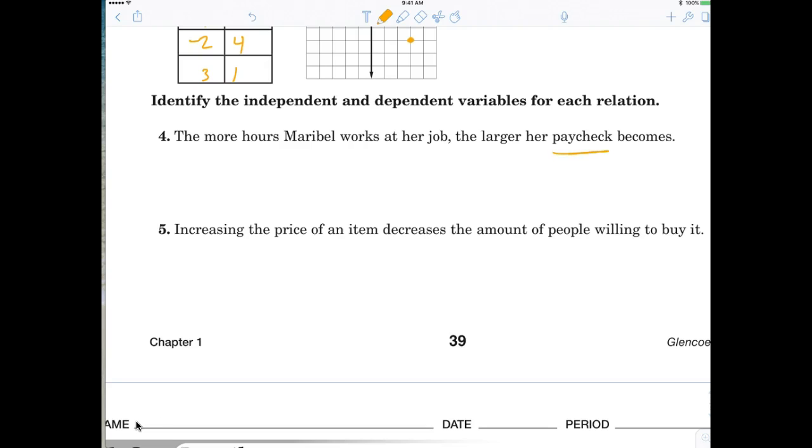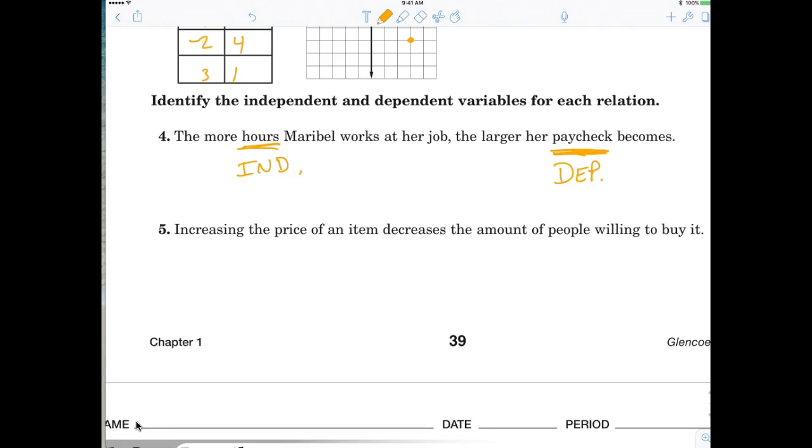Her paycheck depends upon the number of hours that she works. So her paycheck is the what? Dependent. And the number of hours that she works is the what? Independent. The more hours you work, the more money you make.